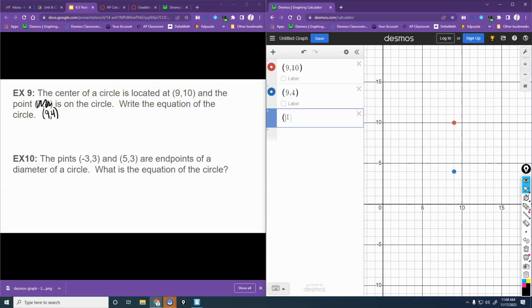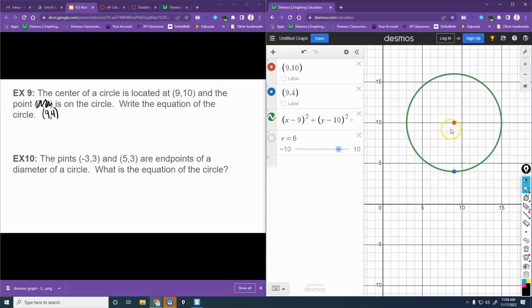So if I know my center is 9, 10, I can do x minus 9 to the second plus y minus 10 to the second equals, I don't know what the radius is supposed to be here, so I have a couple options. I could just do r squared right there and tell it to add a slider, and then I can just change it until I get that circle to go through that point, which happens at 6.